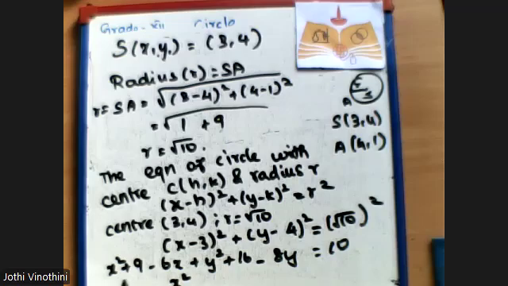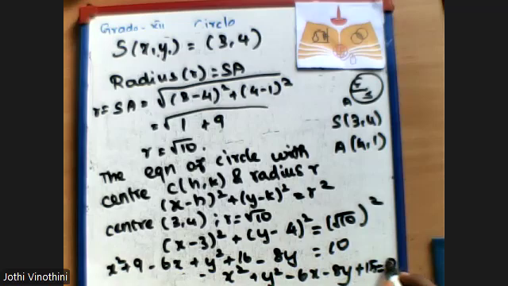So here x squared, and here we will have y squared minus 6x minus 8y. So 9 plus 16 will be 25. I'm going to take this 10 inside this, it will become minus 10. So the answer will be plus 15, which is equal to 0. So finally, this is the equation of the circle.